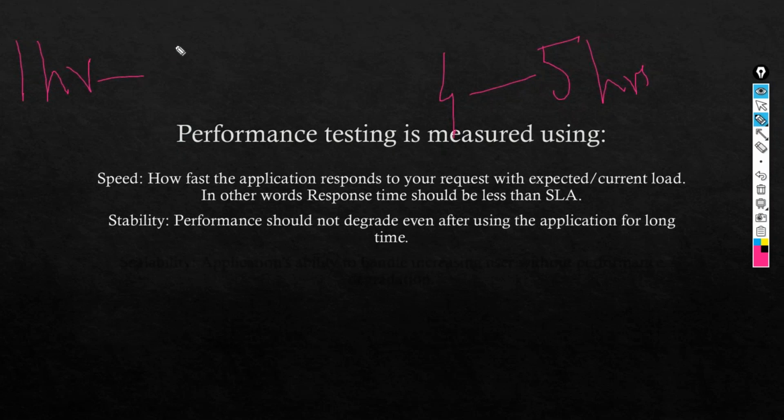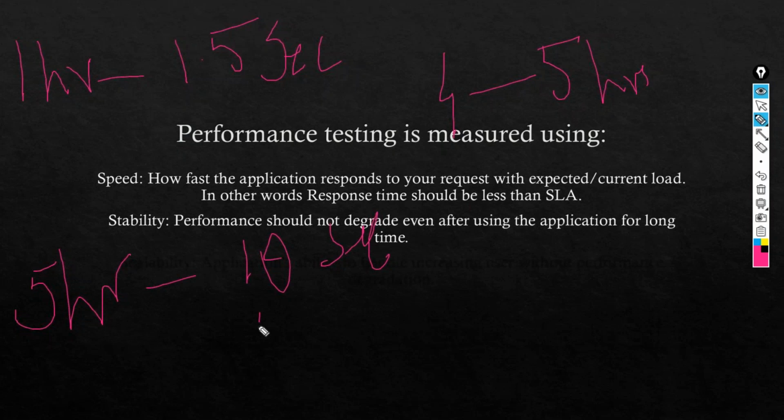In the first 1 hour, let's say the response time is 1.5 seconds. In the fifth hour, the response time should not be like 10 seconds or 5 seconds. The stability should be there throughout the 5 hours of the test.